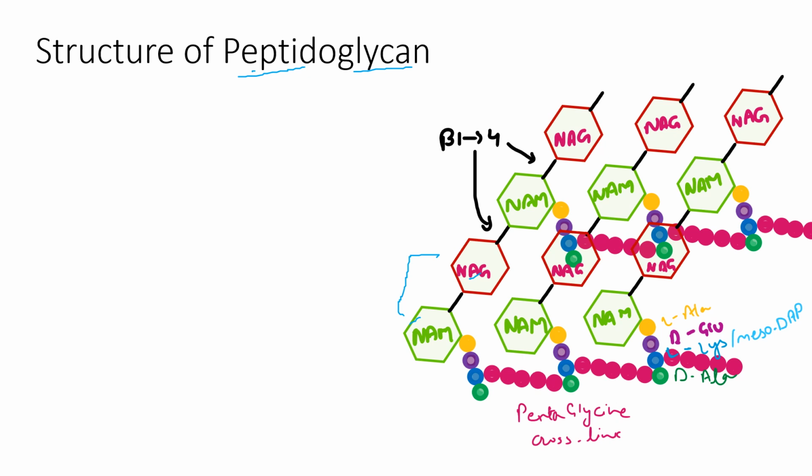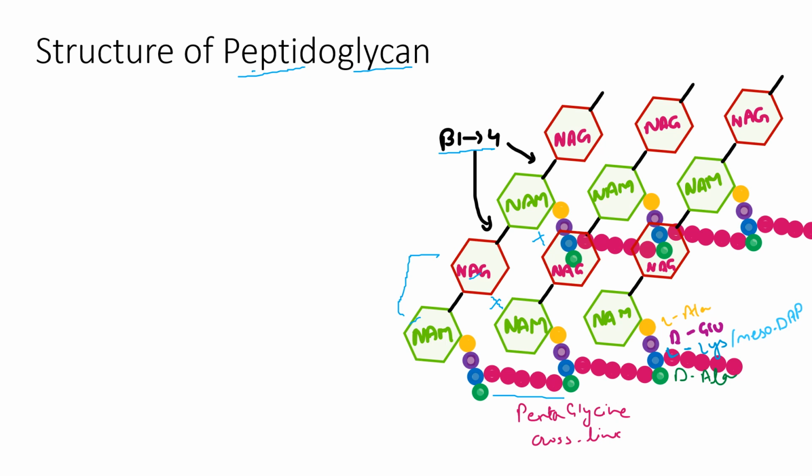There is a linear chain of these polysaccharides joined through beta 1,4 glycosidic bonds. These are linear chains and there is no cross-linkage between these polymer chains. They are cross-linked via the peptide chain.